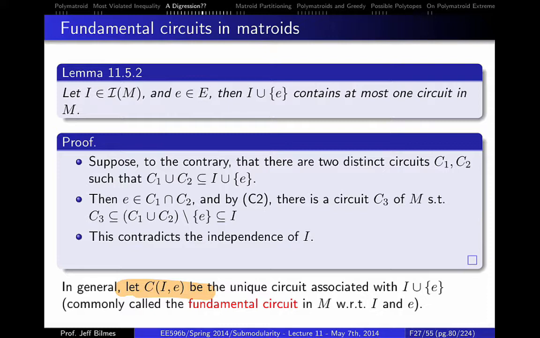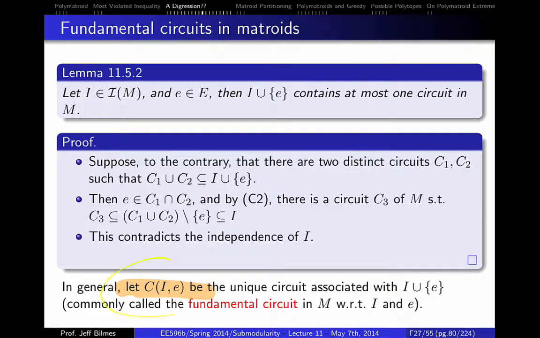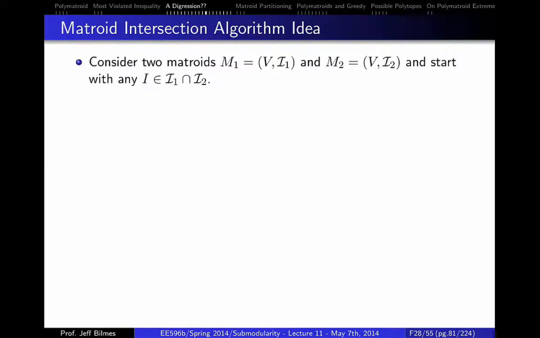I is the independent set, E is an element, and the polymatroidal generalization is going to say I is a vector inside of a polymatroid, and E is going to be a direction, so there's going to be a notion of a circuit in Rn, which is strangely enough, as you'll see. Okay, this is a fundamental circuit. So just pay attention to this, because it will appear again in future lectures.